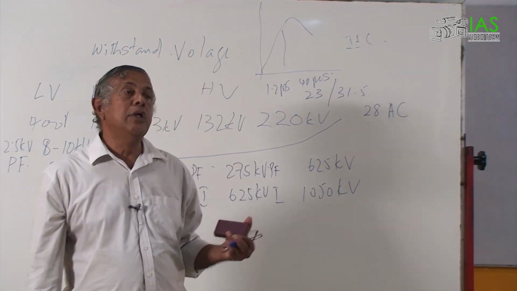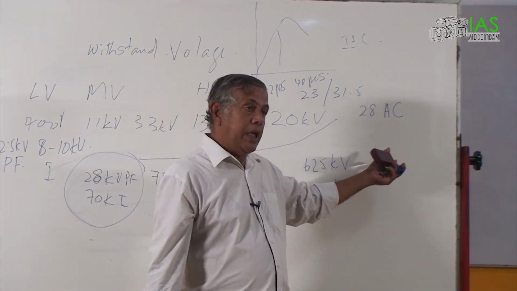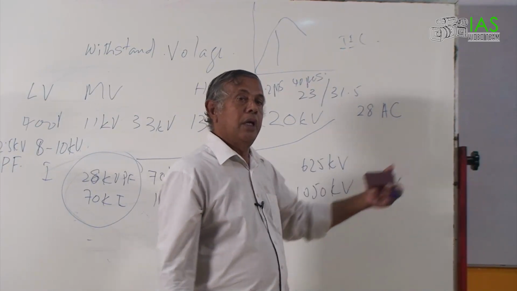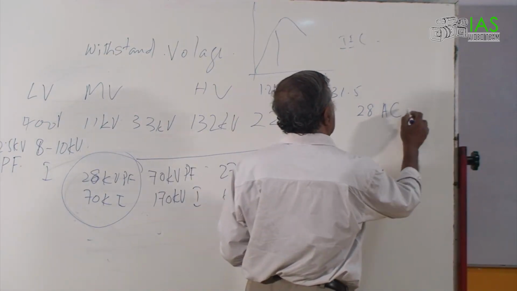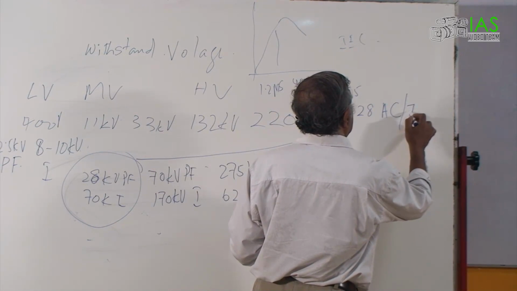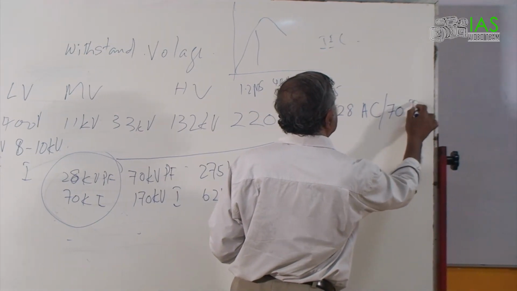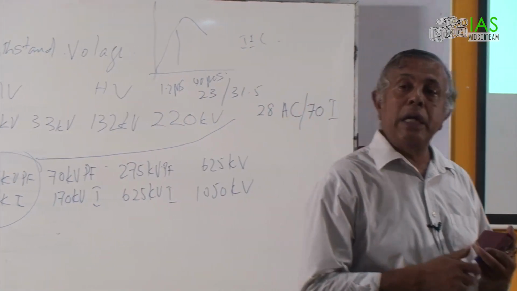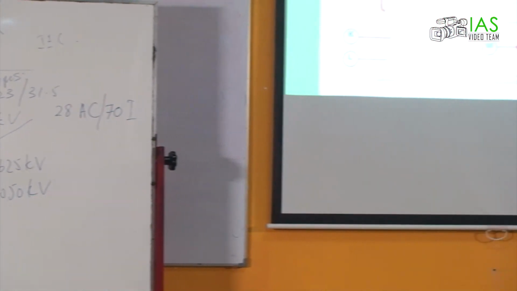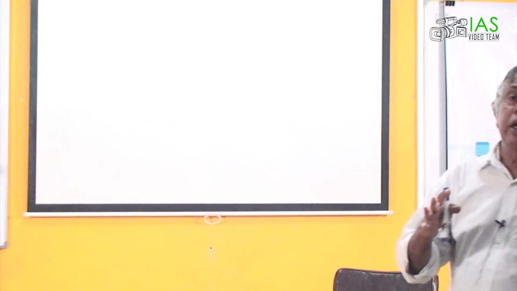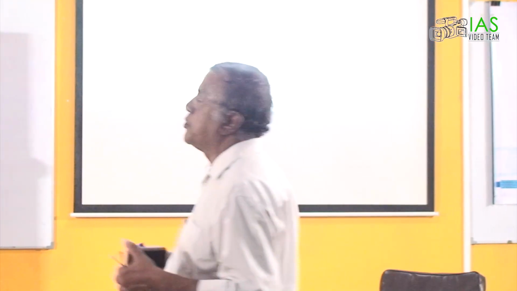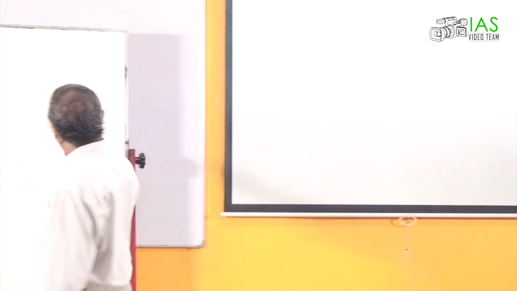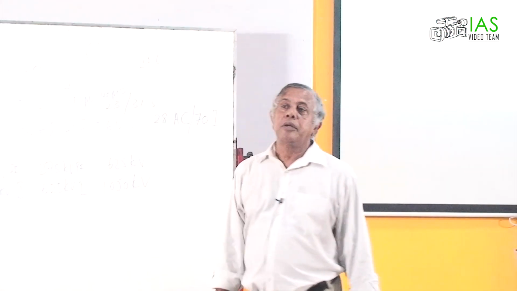That means 28 kV power frequency. And it would give the impulse like this, 70 I. That is according to IEC terminology. In many nameplates, what you look at, it's given as this.